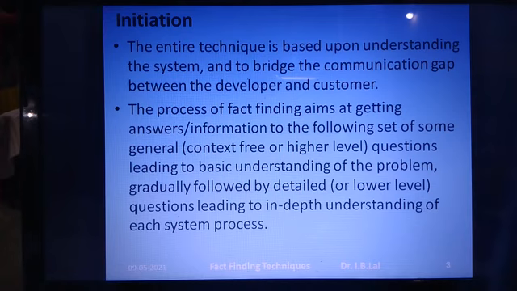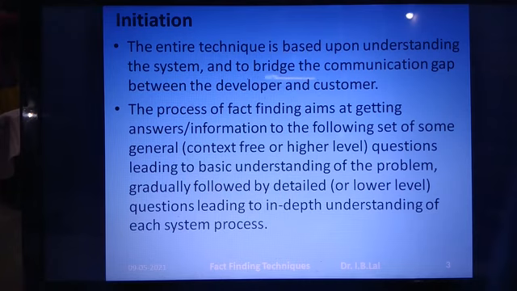The process of fact-finding aims at getting answers or information to set up some general, context-free or high-level questions that lead to basic understanding of the problem, gradually followed by detailed or lower-level questions leading to in-depth understanding of the system processes.